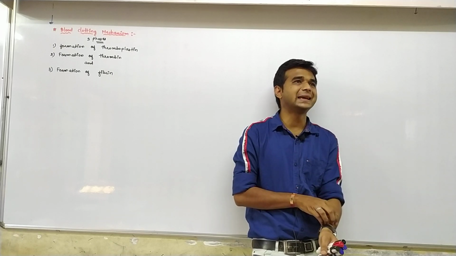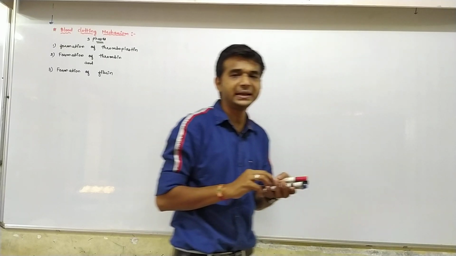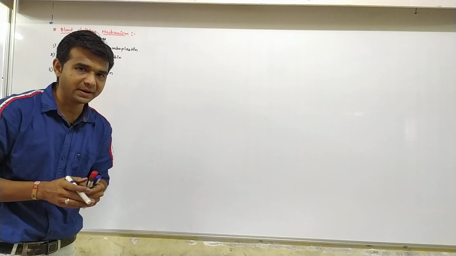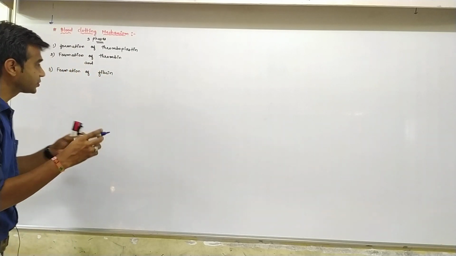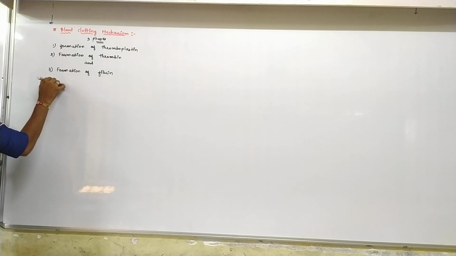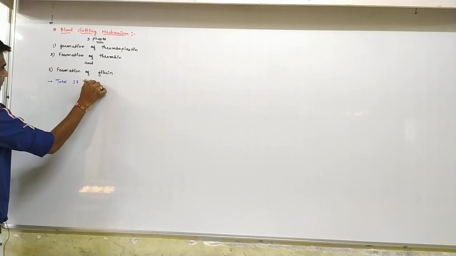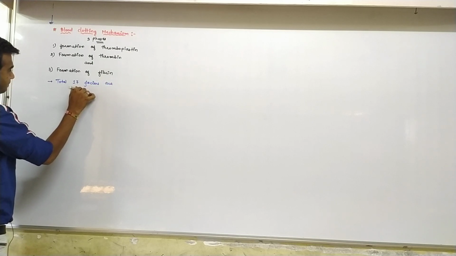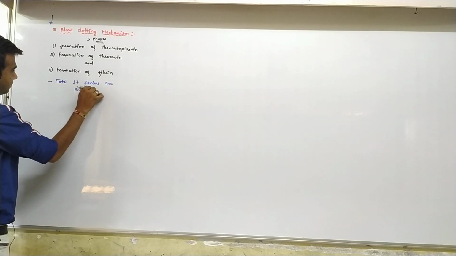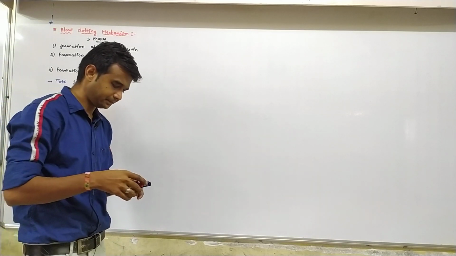For that, the main 13 factors are present in blood plasma. Yes, the remaining other factors are also present in blood plasma. So a total of 17 factors are present. Let us take it in detail.